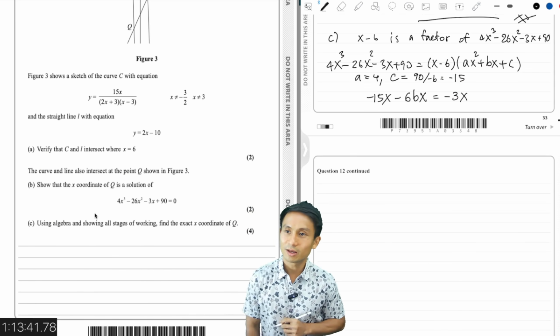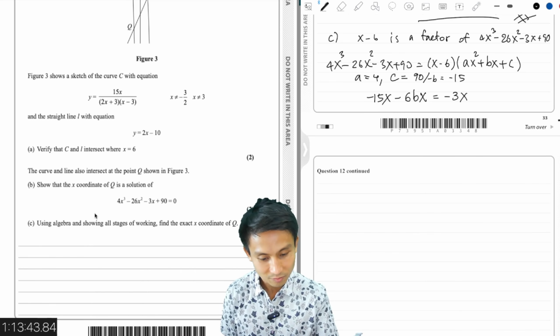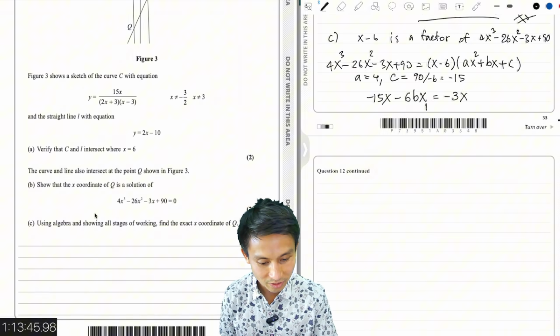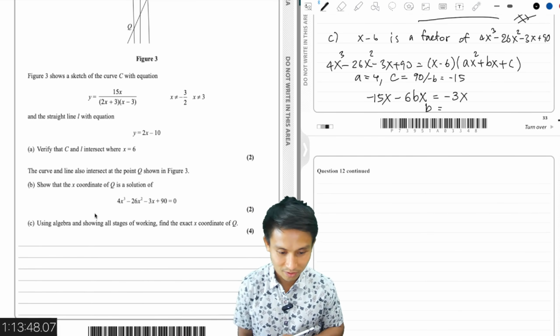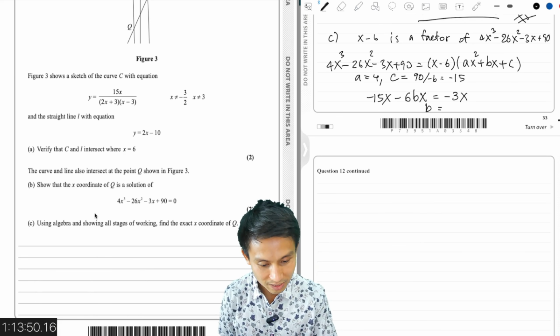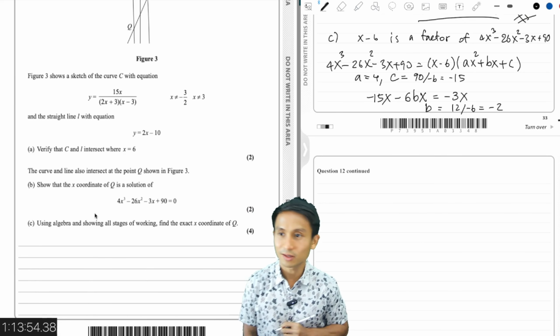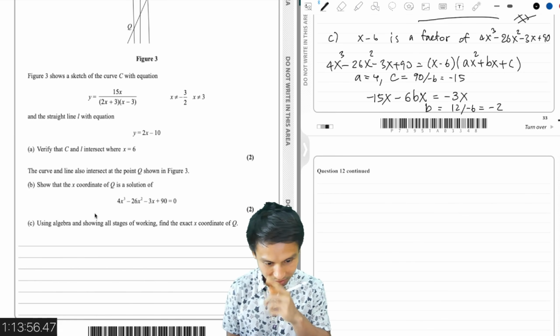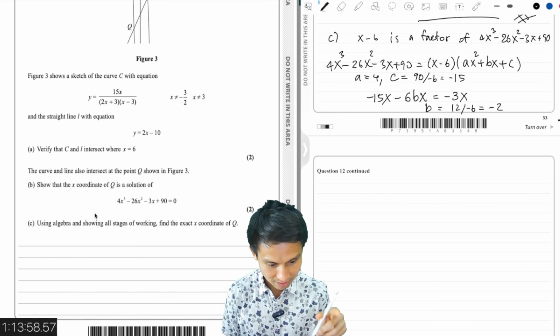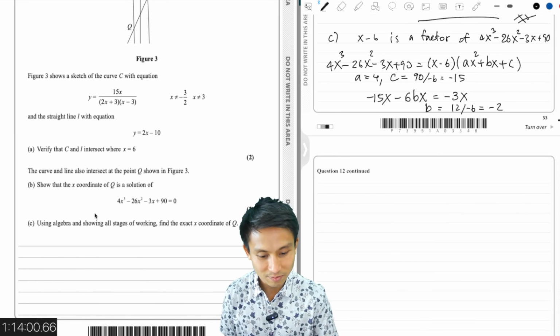If you solve this, canceling all the x's, you're going to get b. Moving the 15, you get 12 divided by minus 6, so b is minus 2. Let me double check my work. 12 divided by minus 6, yep, so b is minus 2.